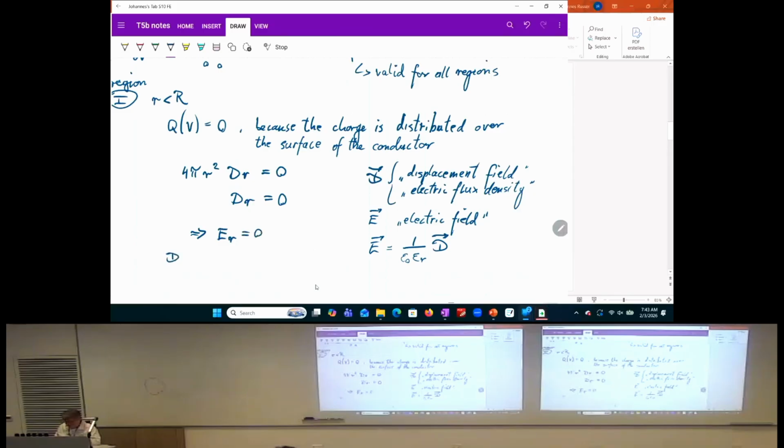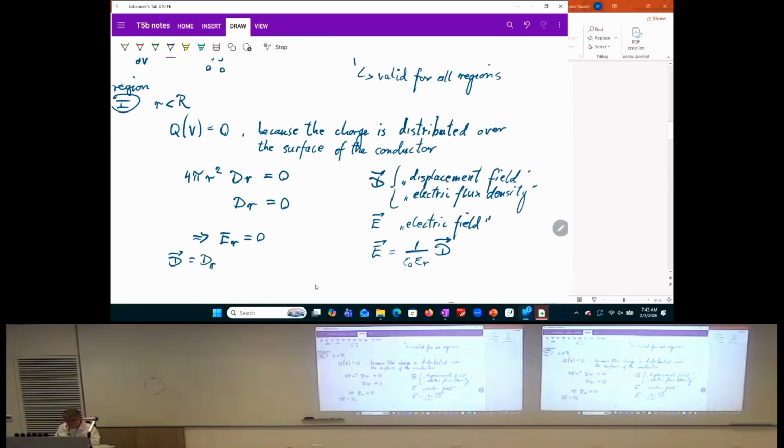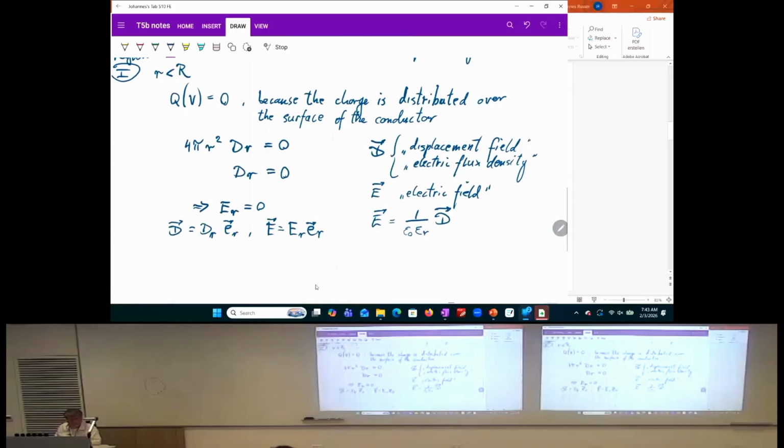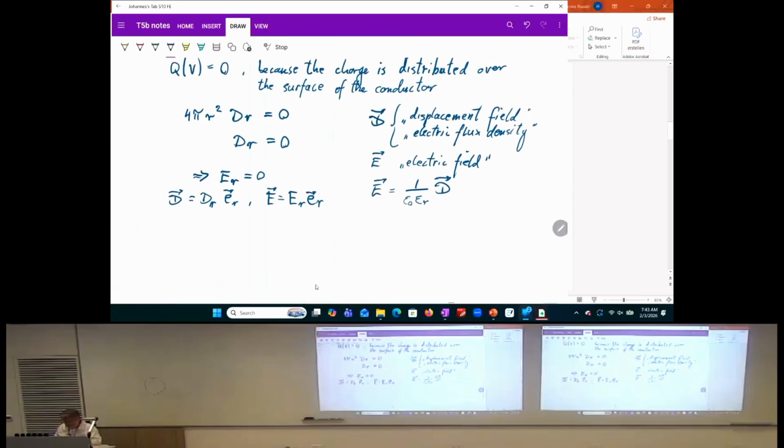So both are 0. D is D_r, that's the general formulation, times the vectorial component, which is just the one oriented in r direction, and the E field is E_r times the vectorial component. But for that particular region, they are both vanishing.